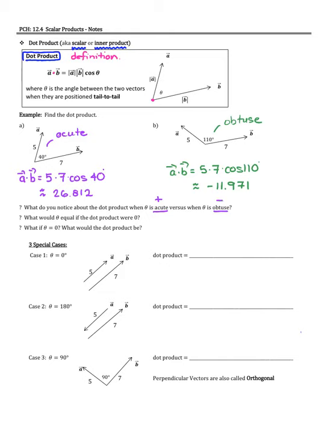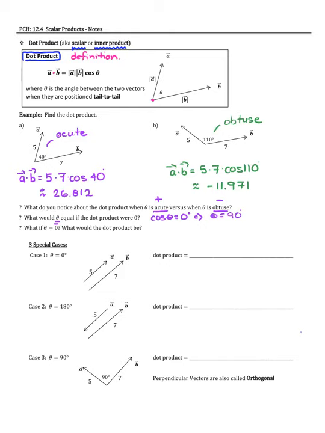So what do you think would happen, or what would theta have to be for the dot product to equal 0? It's kind of like asking cosine of what degree equals 0, and the answer to that is going to be when theta is a 90-degree angle. That is really helpful as you go forward with these.